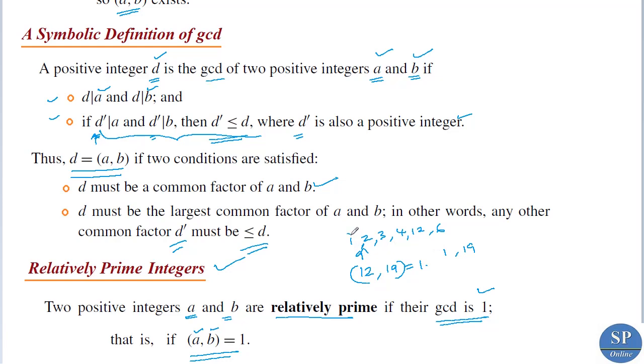So the only common factor is 1, so the greatest common divisor should be 1. So the GCD of 12 and 19 equals 1. So 12 and 19 are relatively prime.